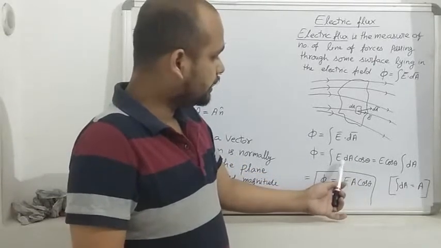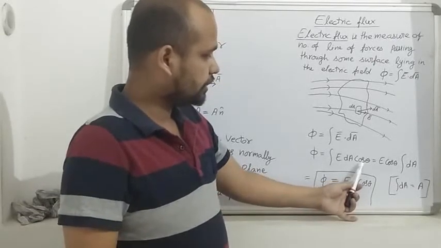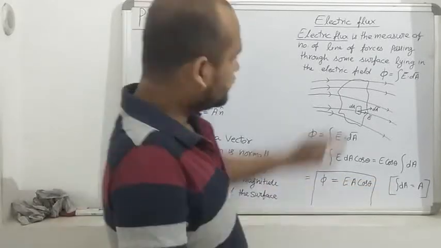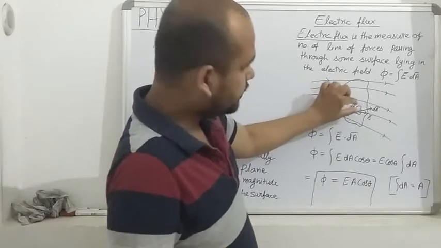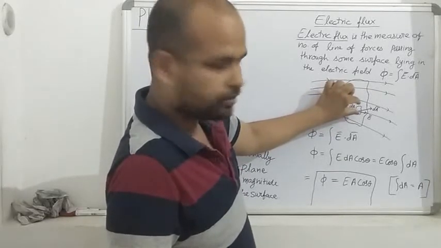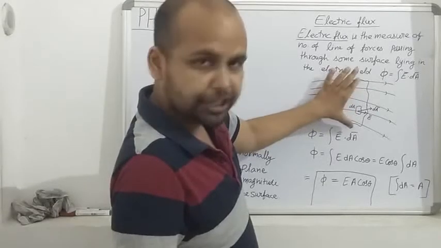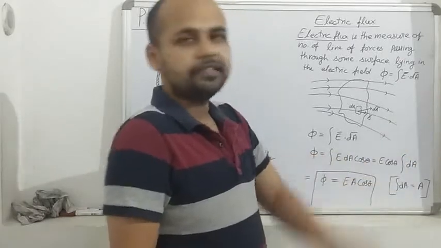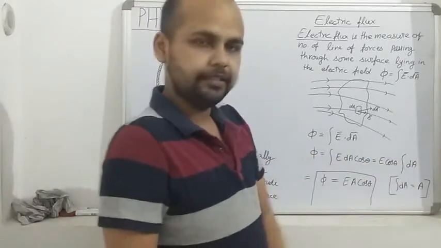So E and cos theta will be taken out. But this dA, the small area of this small element, will keep on changing, will keep on increasing. Therefore, dA will be inside the integral sign, and we will integrate this.